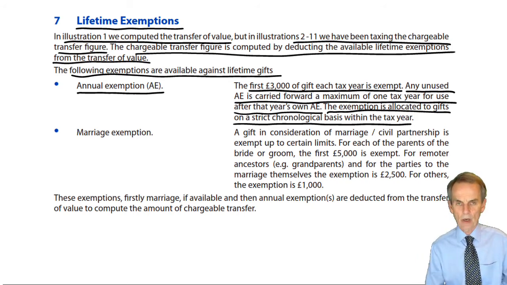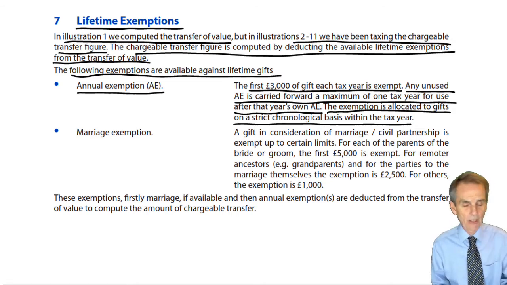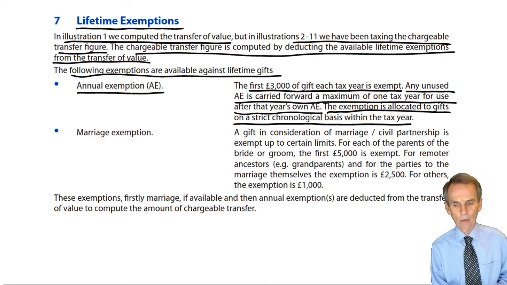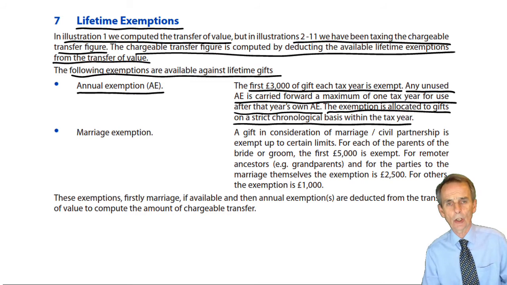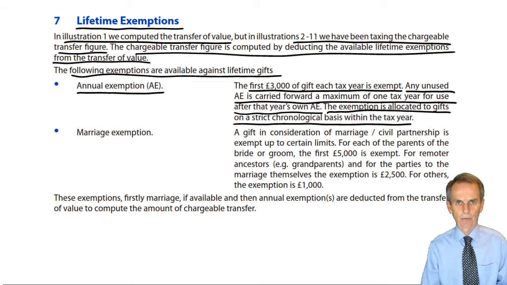So whichever transfer comes first in the tax year, again going from 6th of April to the following 5th of April, will benefit from the annual exemption. So if we've got a PET in June 2020 and a CLT in October 2020, June 2020 comes first.